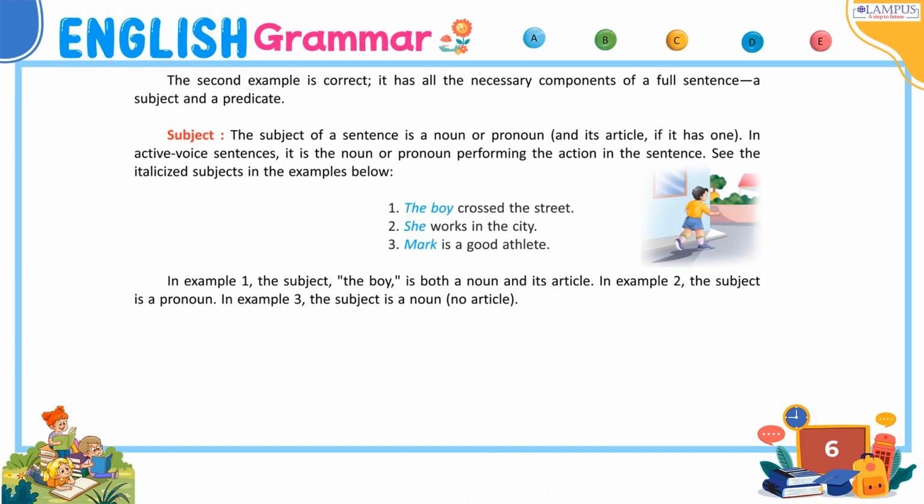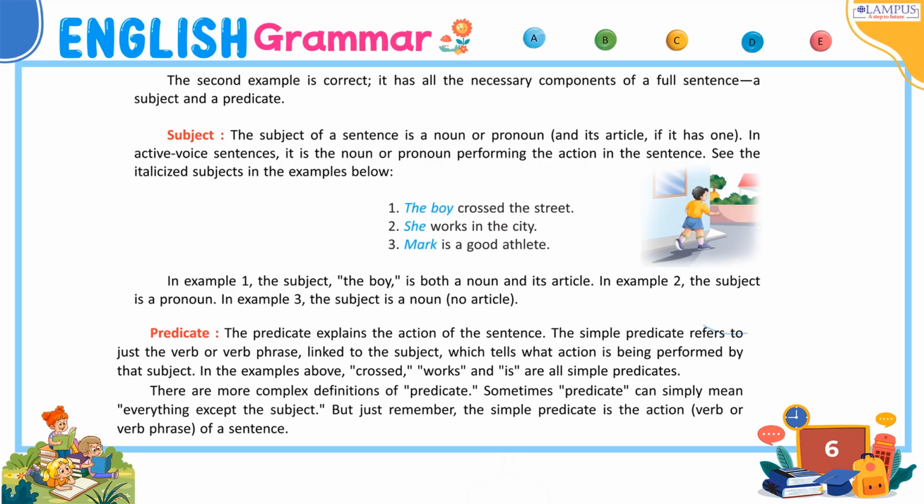She works in the city. 3. Mark is a good athlete. In example 1, the subject, the boy, is both a noun and its article. In example 2, the subject is a pronoun. In example 3, the subject is a noun, no article.